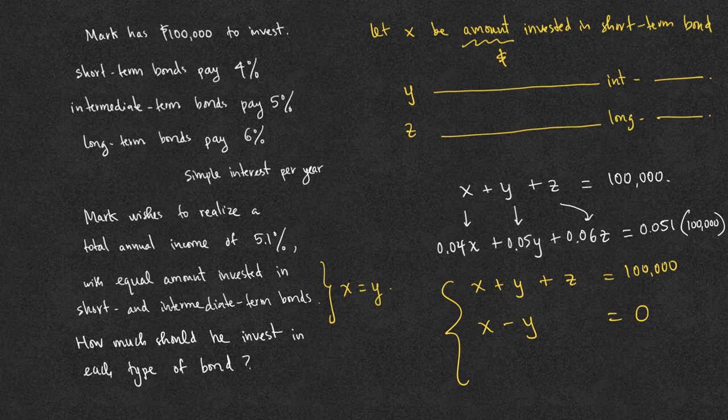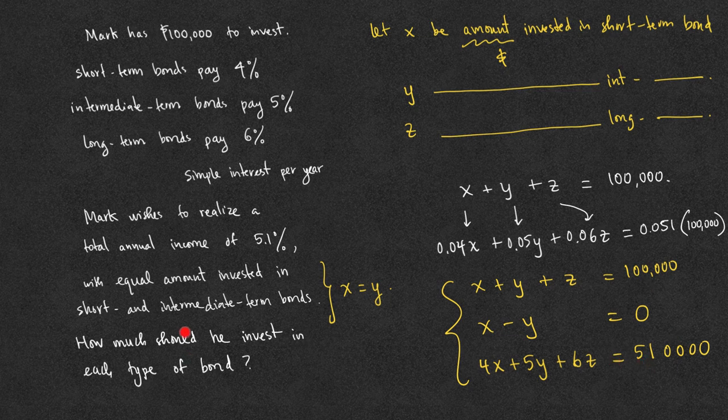If we multiply the third equation by 100, then we have 4x plus 5y plus 6z equals 510,000, because 100 times 0.051 is 5.1, and 5.1 times 100,000 is 510,000. We now have a system of three equations with three unknowns.